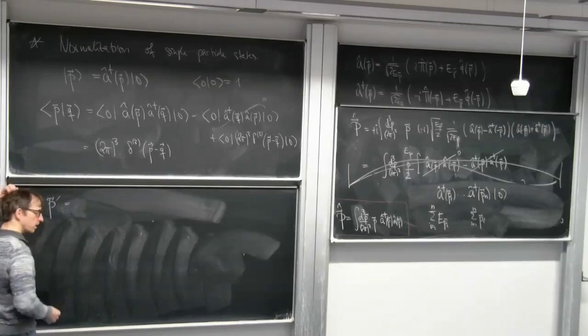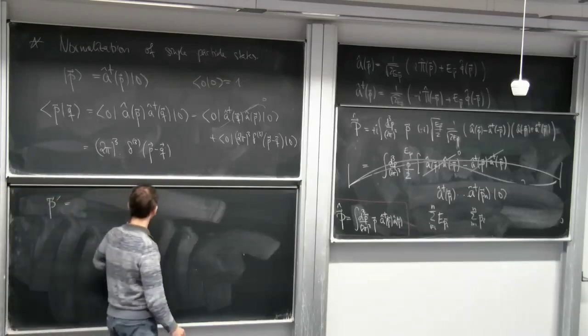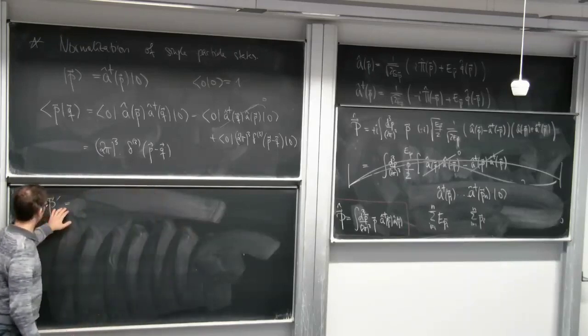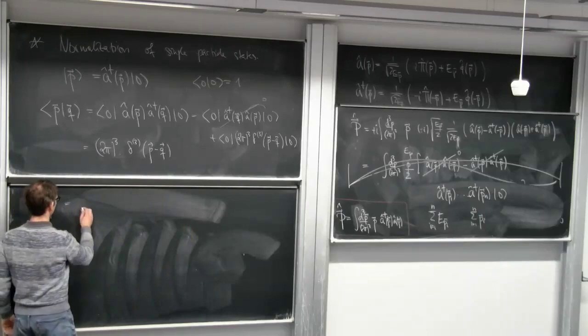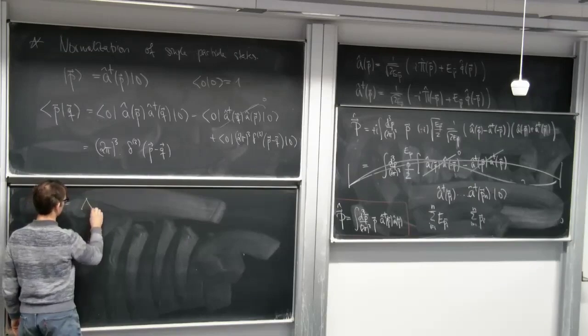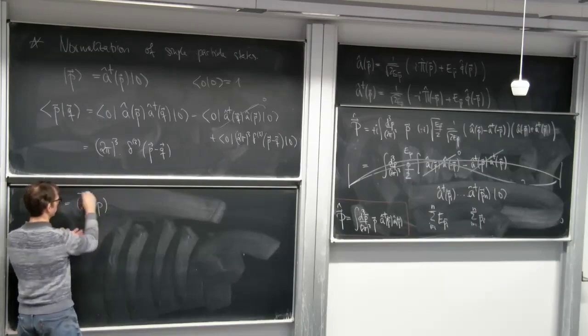How does this transform? How do P transform under Lorentz transformations? Let's just write the claim. P prime is the Lorentz transformation of P. The dumbest thing would be, because I need all 4 components, I take the P, this is the 4-vector, and then I transform it, and then I take the spatial part.